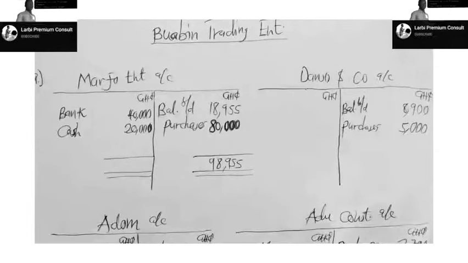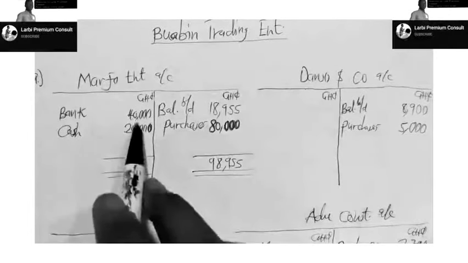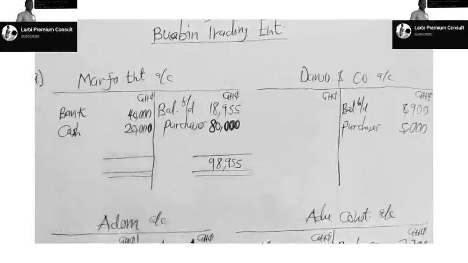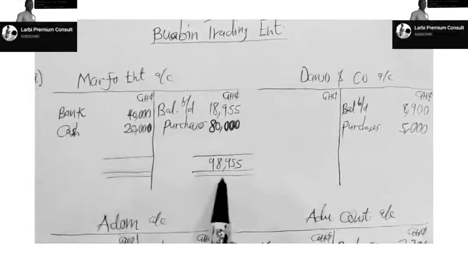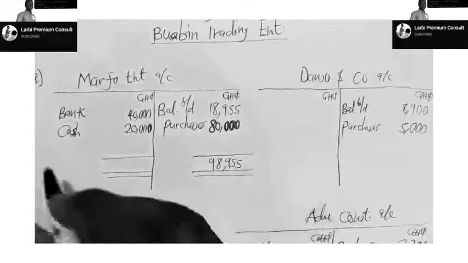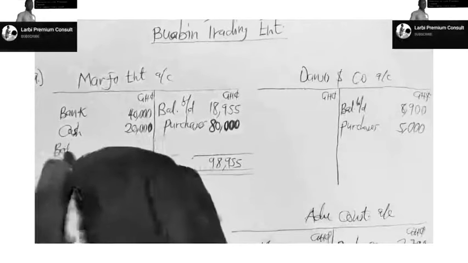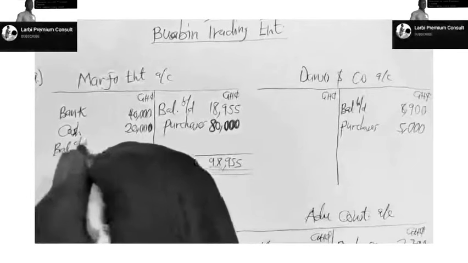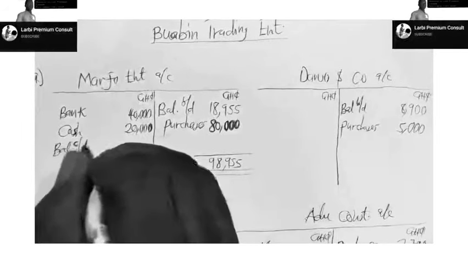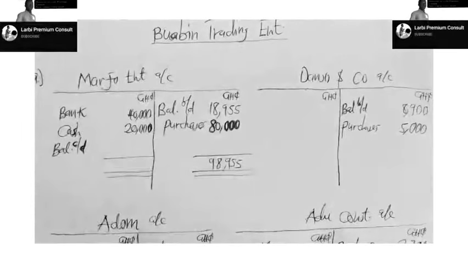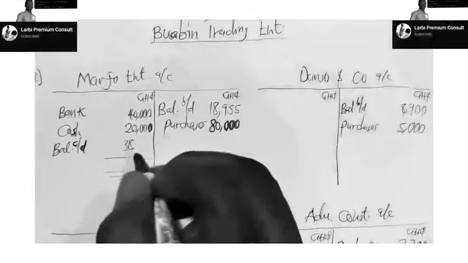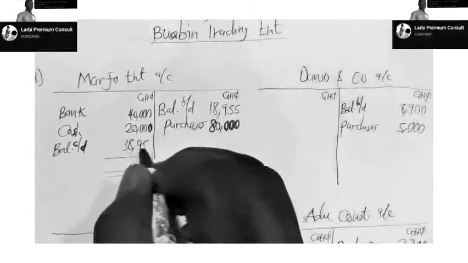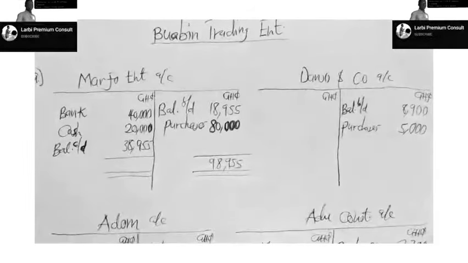When I add 40 plus 22, I'll get 60. When I subtract 60,000 from 98,955, I'll get a balance carry down, which we send to the next accounting period, 38,955. That will be the balance that exists in Marfo.